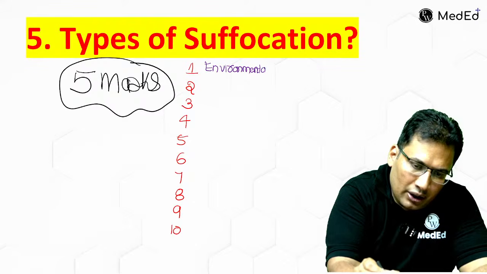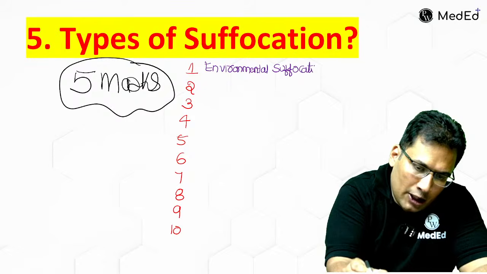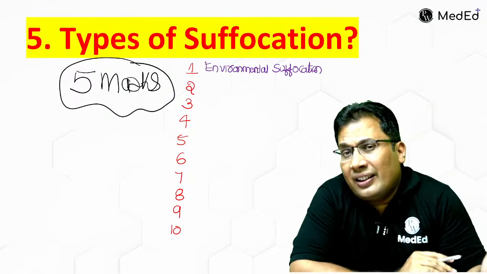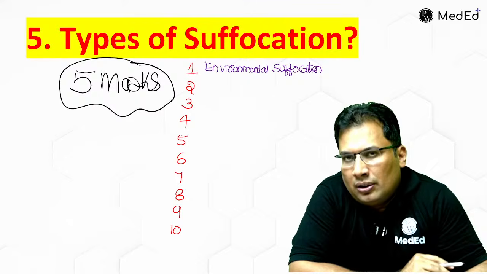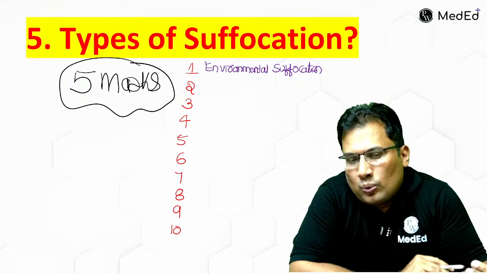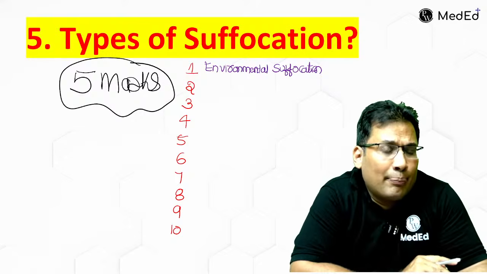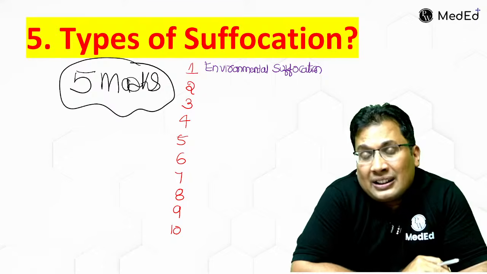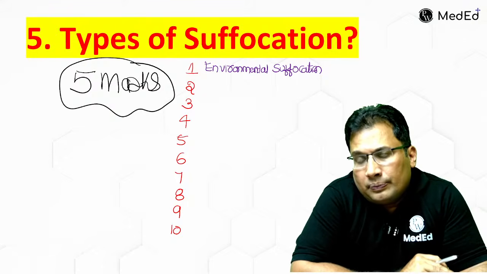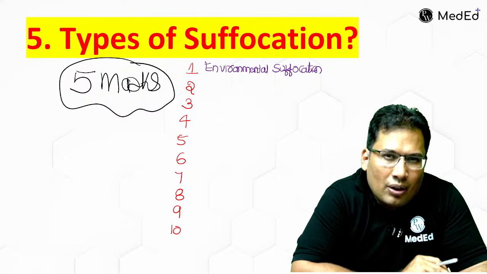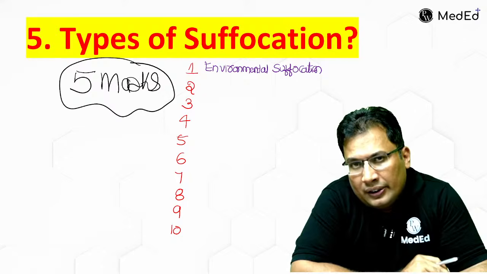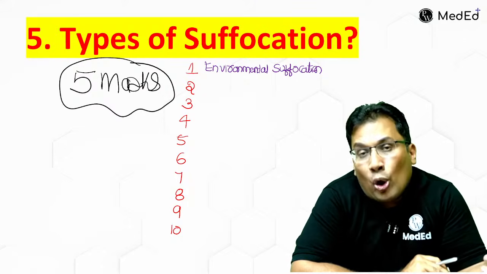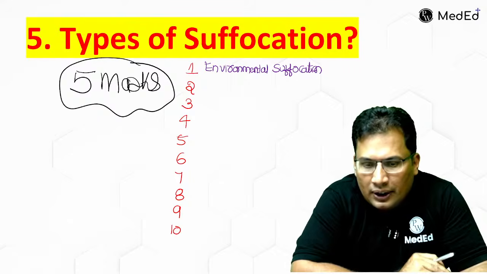When there is decreased oxygen in the environment, that leads to death due to suffocation. For example, acute mountain sickness or decompression sickness, or in case of children found dead inside an empty fridge or empty box. That is the first one.